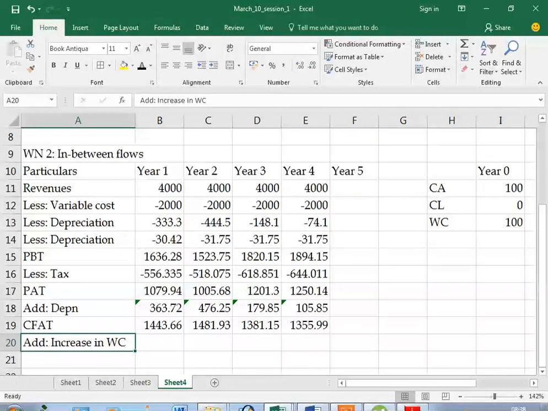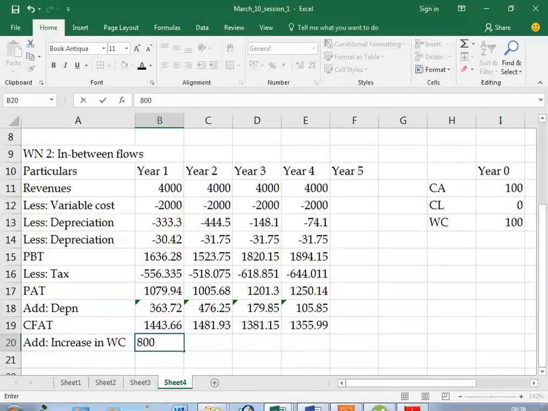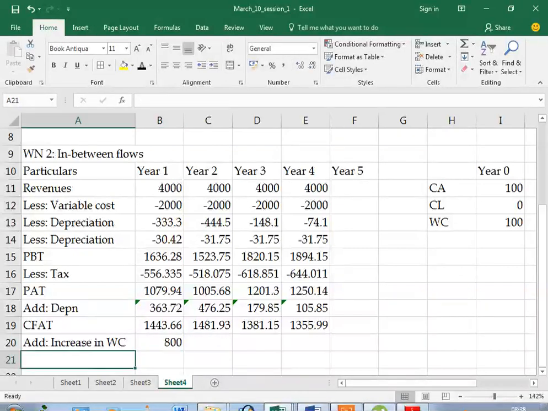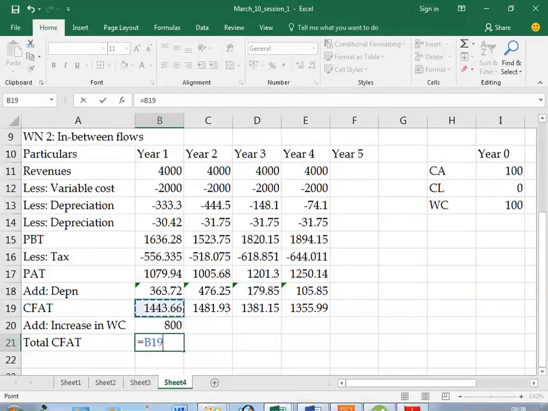You don't want to learn it as increase in working capital. You can learn that out of that 2000, 800 is not paid. So this is an extra inflow for us. We did not pay 40%. 800 is extra inflow, and my total CFAT is, I'll explain again, wait for a minute.